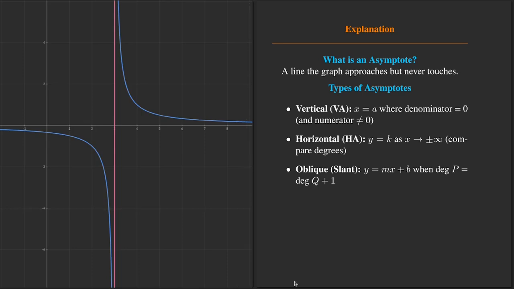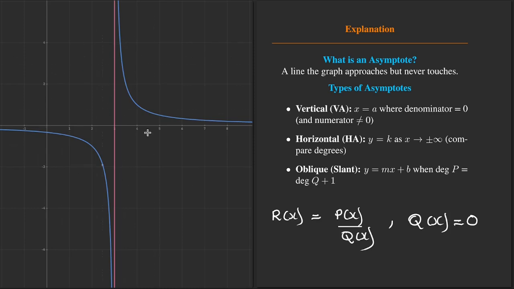Talking of the vertical asymptote, for a rational function r of x, which is giving us p of x over k of x, we get the vertical asymptote when the denominator is equal to 0. That is, if k of x is equal to 0.